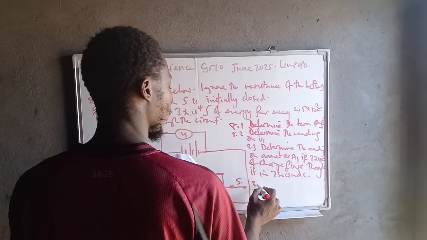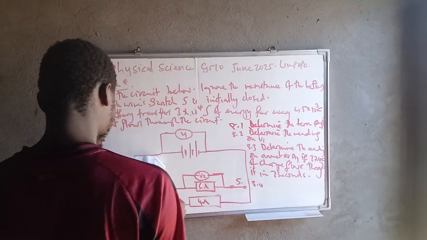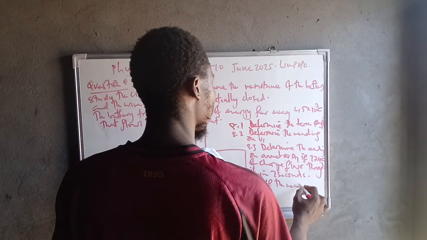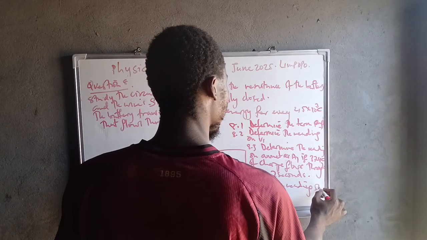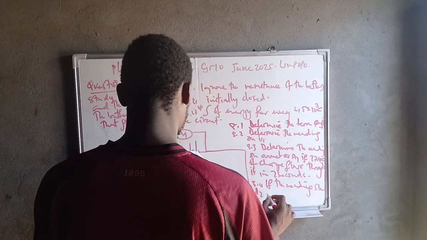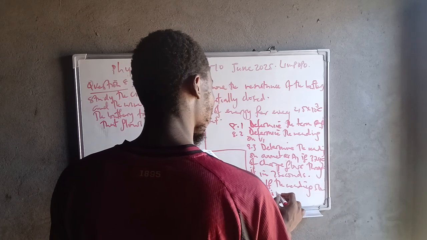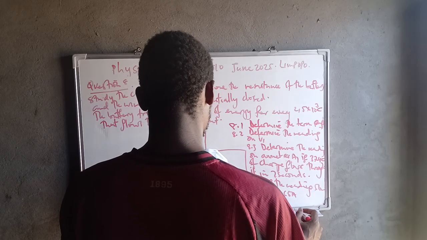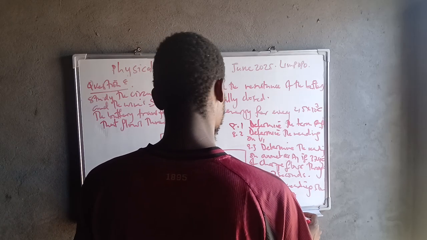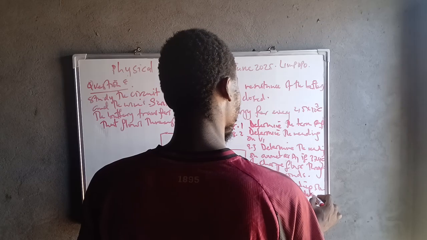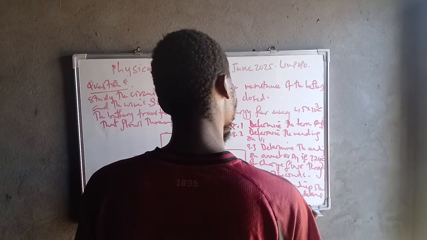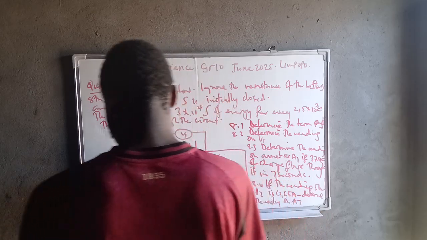Then 8.4, if the reading on ammeter A2 is 0.65 amps, determine the reading on A3.